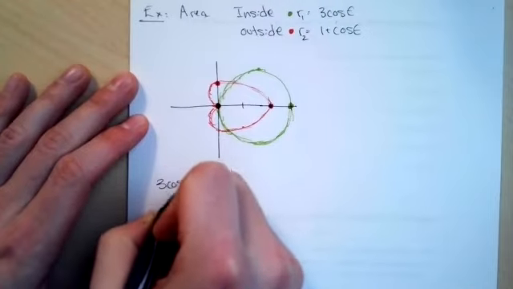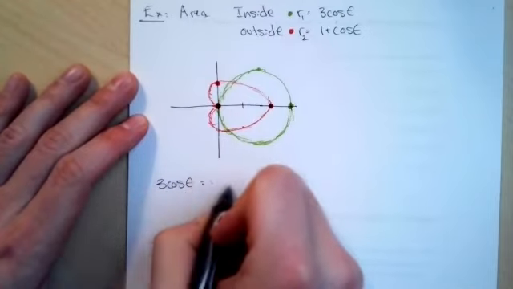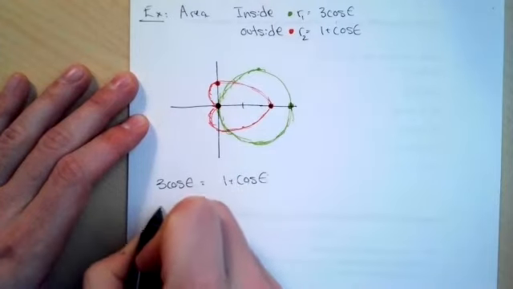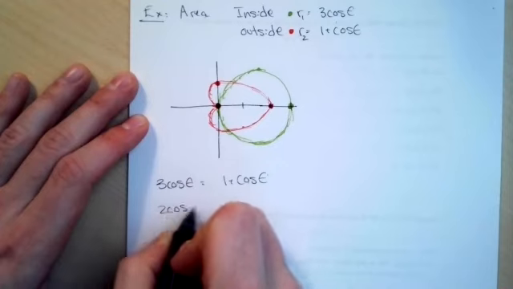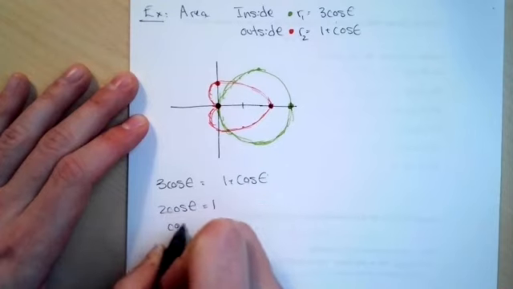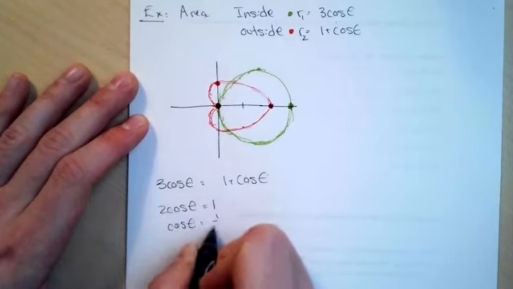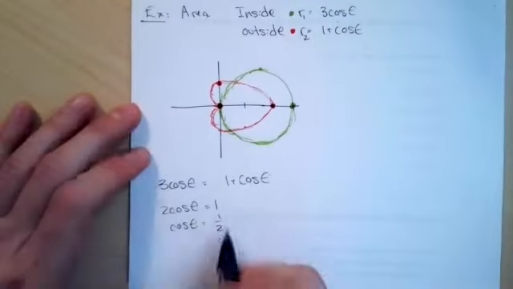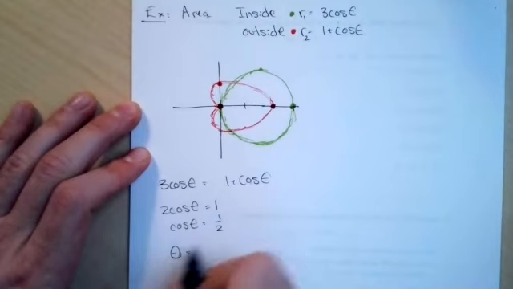Our first step is to find the intersection points. So 3 cosine theta equals 1 plus cosine theta. And now solving these, we'll get 2 cosine theta equals 1. Cosine theta equals 1/2. So theta is going to be pi over 3.